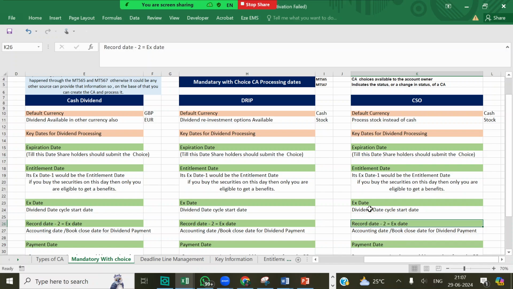If you want, go through it again and note down all of these dates, because all dates are very important. If you are attending any corporate action interview, you may see lots of questions around this.